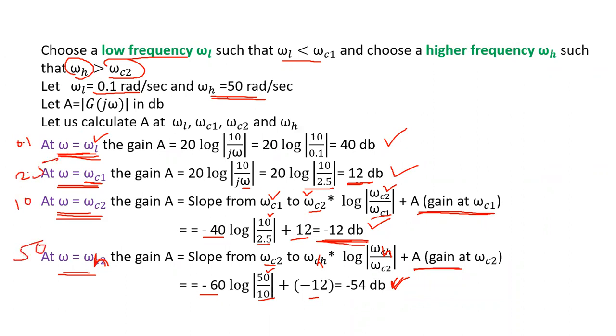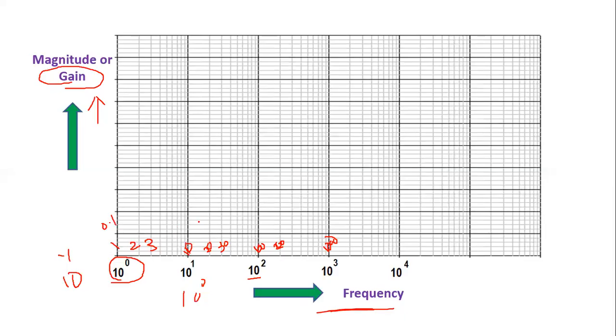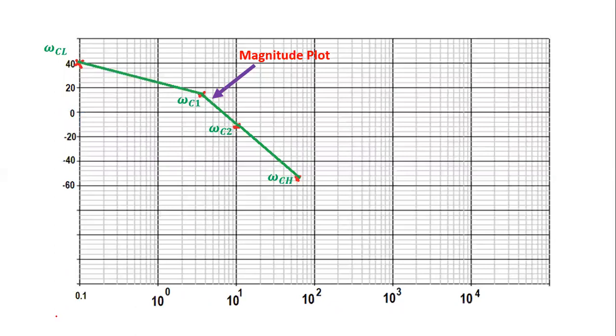So in the graph we need to show 0.1 also. That means the first value we start with is 10 power minus 1, meaning 0.1, 0.2, 0.3 up to 0.9. 10 power 0 means 1, 10 power 1 means 10, going in multiples of 10.